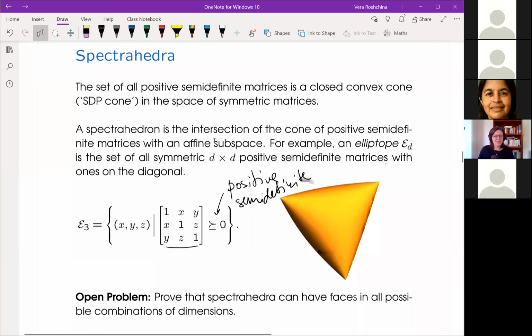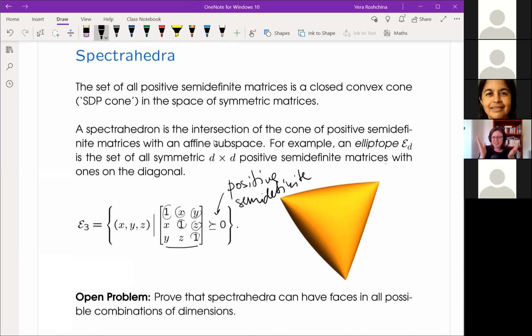And also those objects can be seen geometrically as slices of the cone of positive semi-definite matrices. If I replace my variables with some linear functions, it's like I take this cone in the dimension of the entries of the matrix.